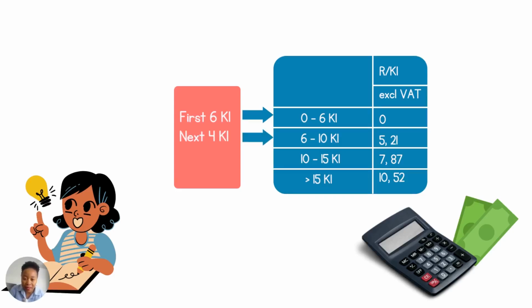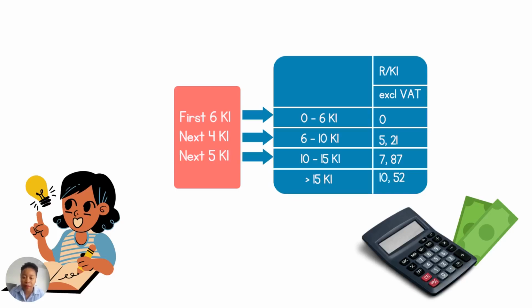And then for the next 4 kiloliters, because if you take 10 kiloliters minus 6, you will get 4, you will be charged 5 rands and 21 cents per kiloliter.